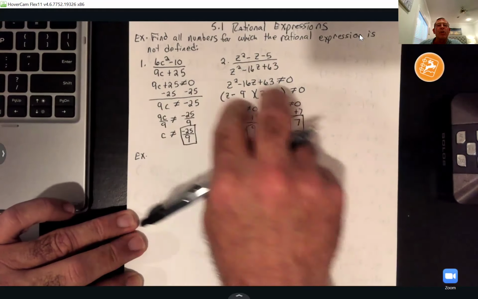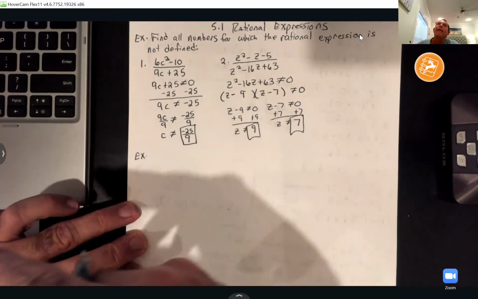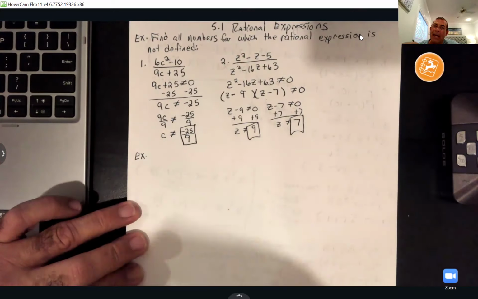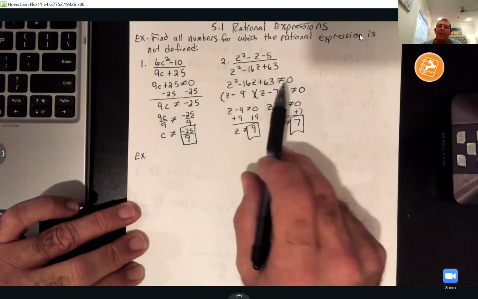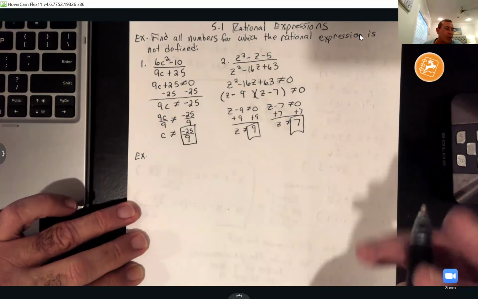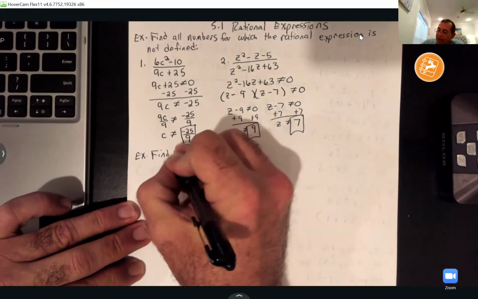All right, so what they was doing was just doing these problems to get you back in the habit of finding domains. Because on a domain, that's what I'm doing. I'm setting the bottom equal to the 0 and getting my numbers. So y'all watch this. Find the domain.